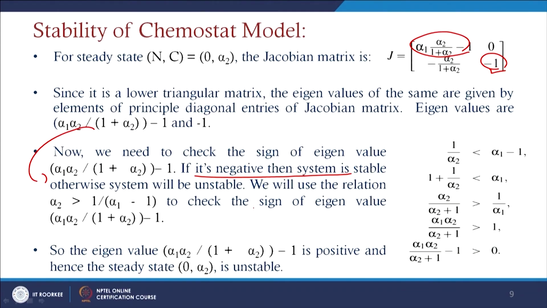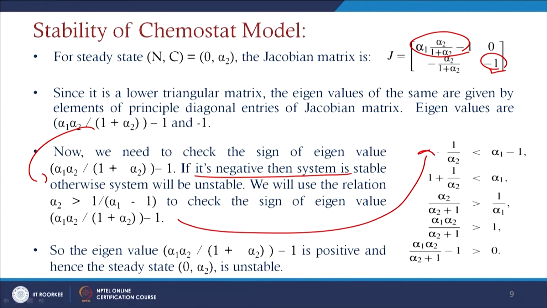Then we can find whether this eigenvalue is representing a positive or negative value. So, we use the relationship alpha 2 greater than 1 by alpha 1 minus 1 to check the sign of the eigenvalue alpha 1 alpha 2 by 1 plus alpha 2 minus 1. We do a little manipulation here.